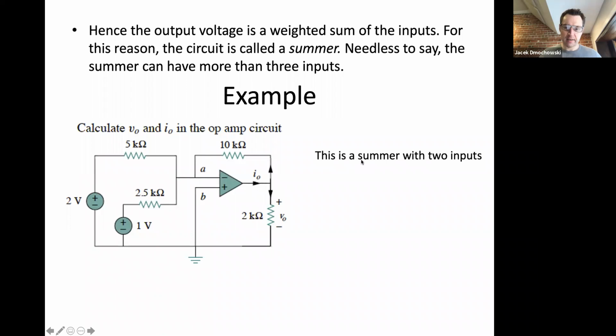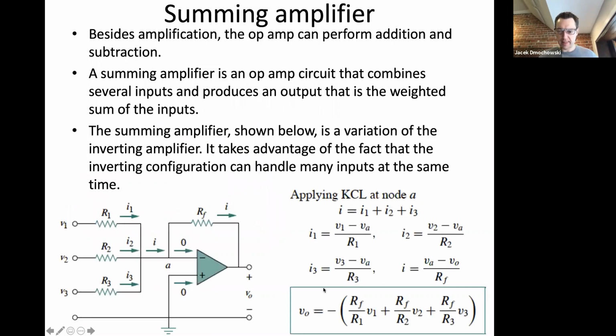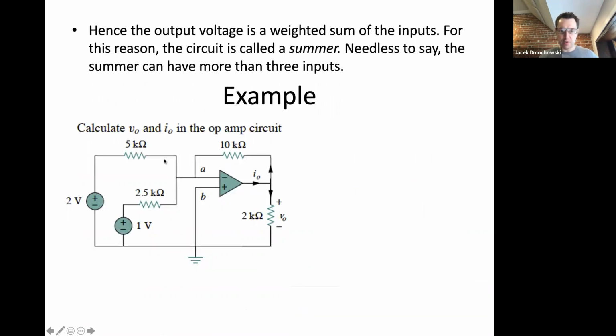So let's apply the expression that we have, but with only 2 inputs. So there's no V3 here. We need RF over R1 plus RF over R2. If we assume this to be V1 and this to be V2, we have a gain of 10 over 5, or 2, applied to the 2 volts, and 10 over 2.5, or 4, applied to the 1 volt.